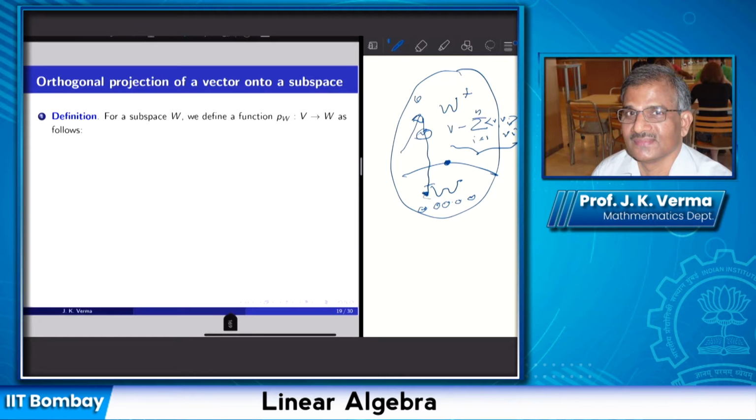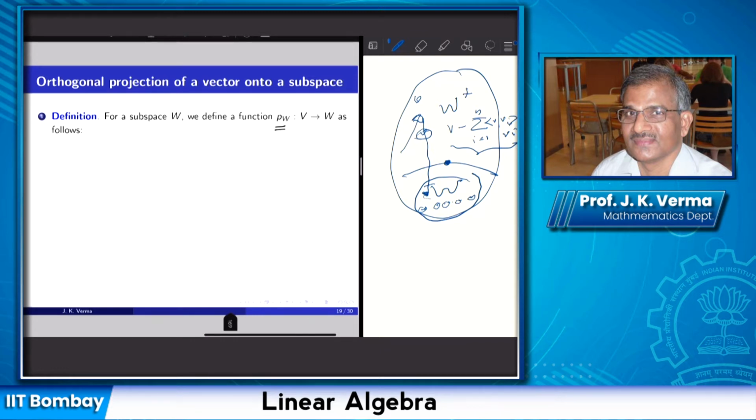So this vector which I construct inside W is called the projection of V inside W, and the function which produces this vector is called the projection operator.